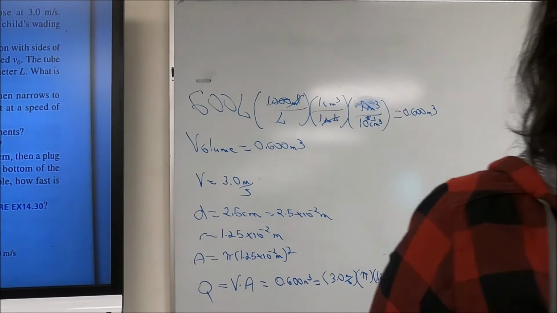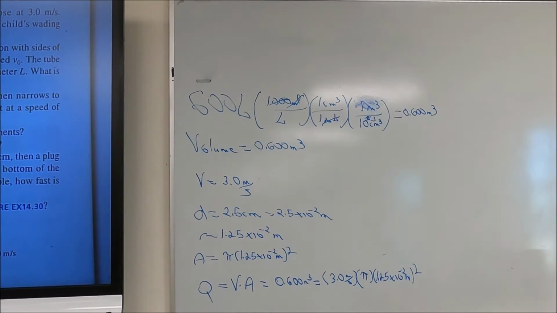So let me grab my calculator. I can't do that in my head. So 3 times 1.25 exp to negative 2 squared times pi.